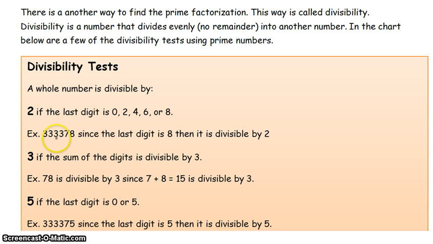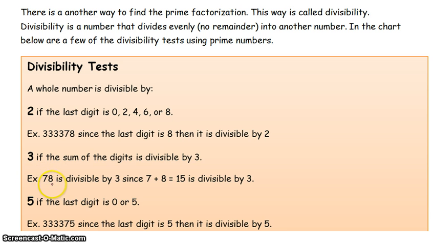Okay, we look at this number here. We have 333,378. Since the last digit is 8, then it is divisible by 2. Okay, now we come to the number 3. It is divisible by 3 if the sum of the digits is divisible by 3.